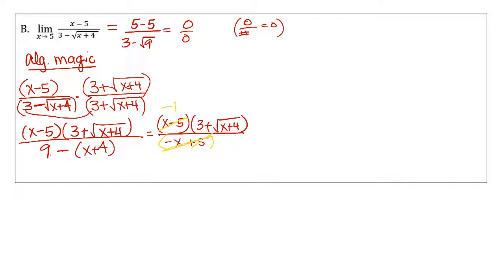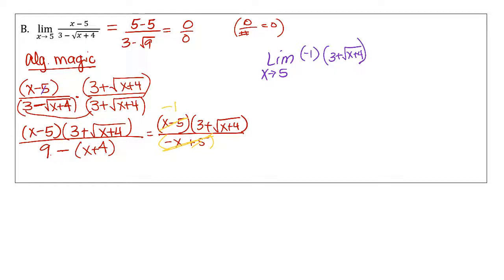And now that I've done that algebra magic, now I'm going to reevaluate my limit and see what I come up with. And so again, I've got the limit as x approaches 5. So we're going to go back and do that one. Limit as x approaches 5. And I'm just going to copy this down. We've got -1 from canceling times 3 plus square root of x plus 4.